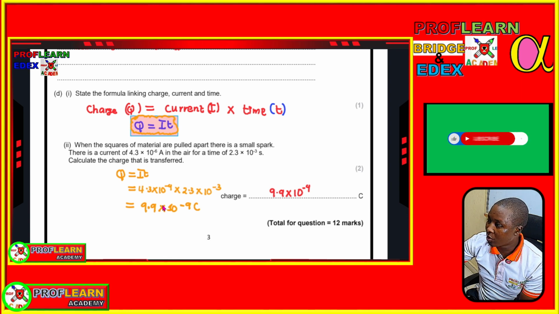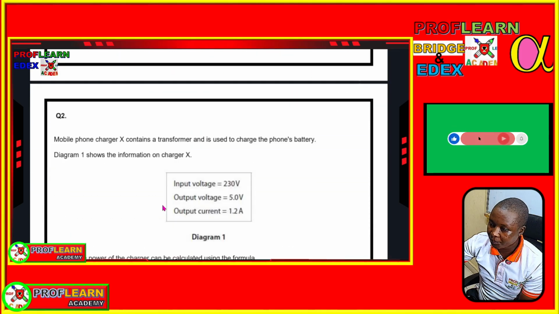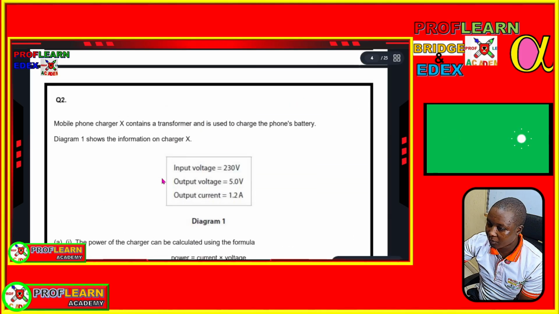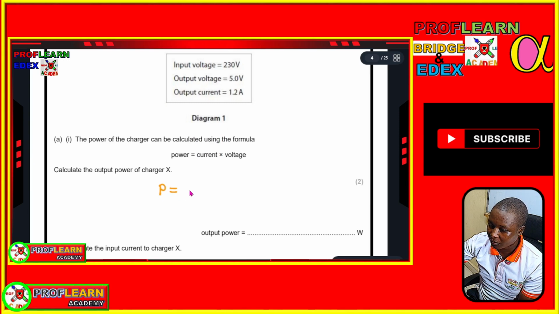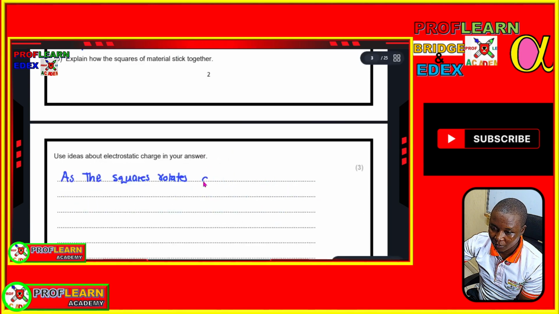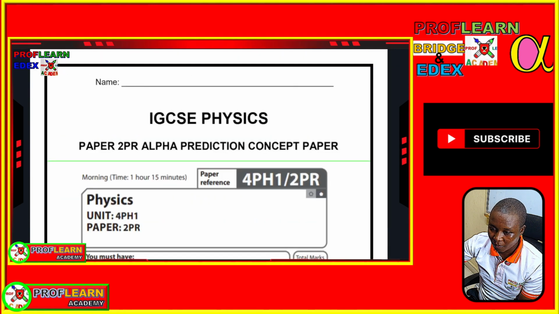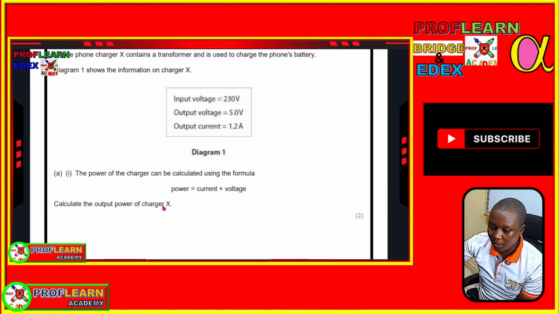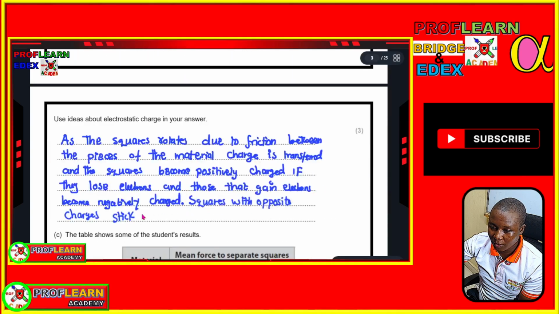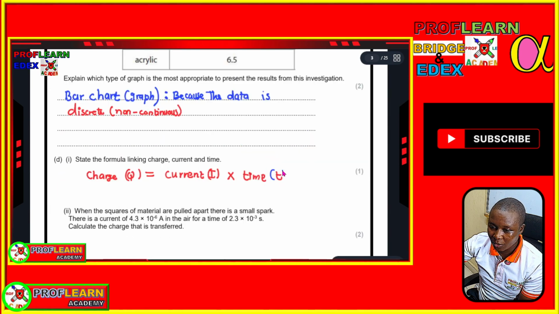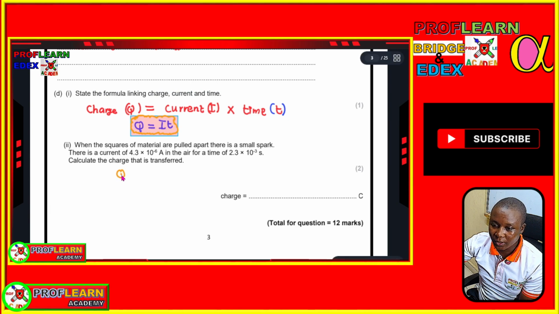All right, so we need to move further. We had stopped at this particular question here, where we talked about, now state the formula linking charge, current, and time.